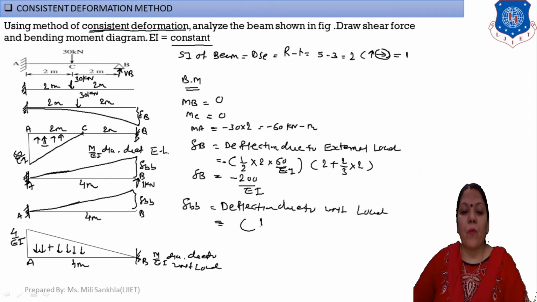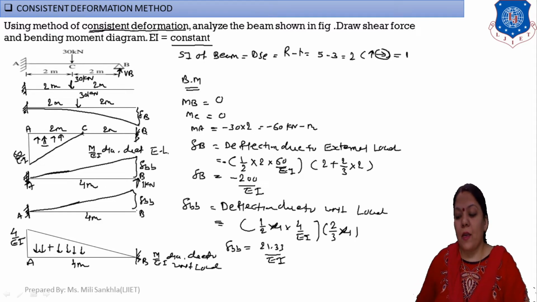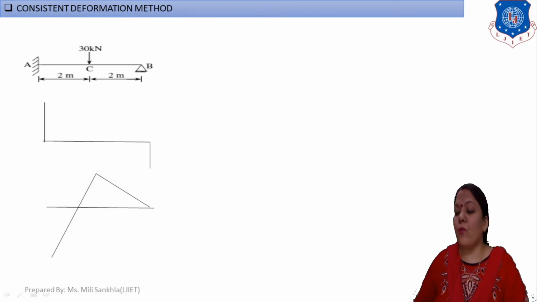Now my del BB after calculation is equal to 21.33 by EI.